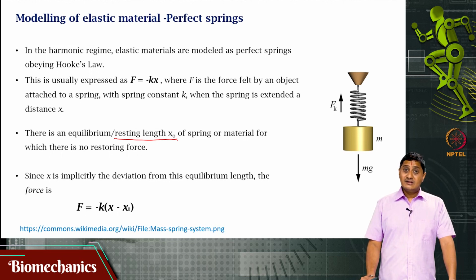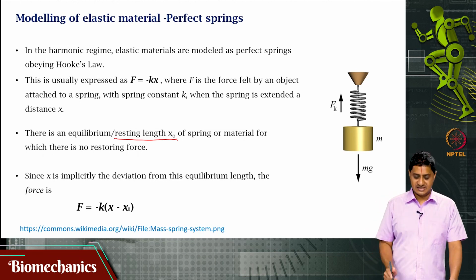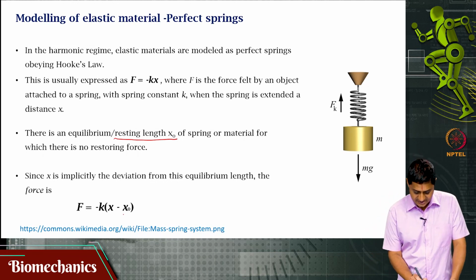If the length of the spring is at this point, then there will be no force developed. That also means that if there is a deviation in length from this point, the force developed will be linearly dependent on the deviation from this resting length. So, the resting length is x naught.